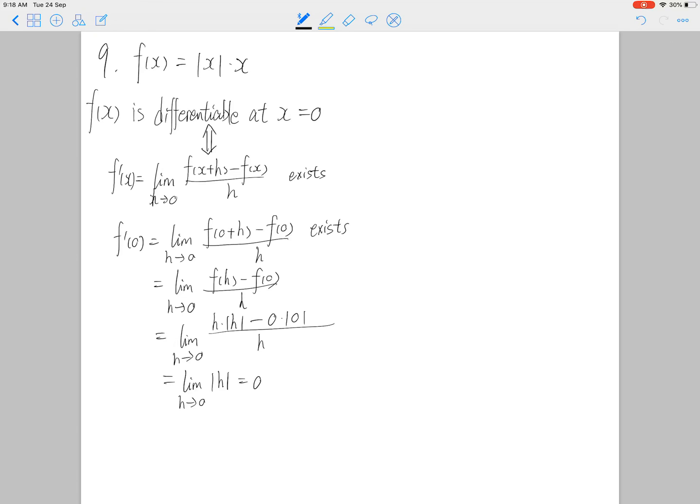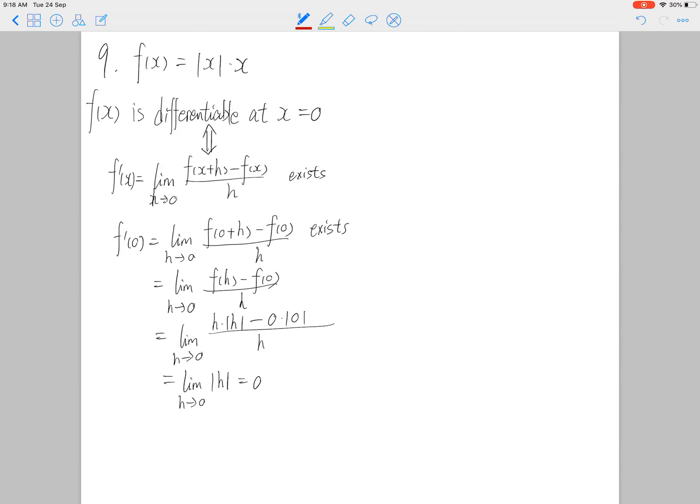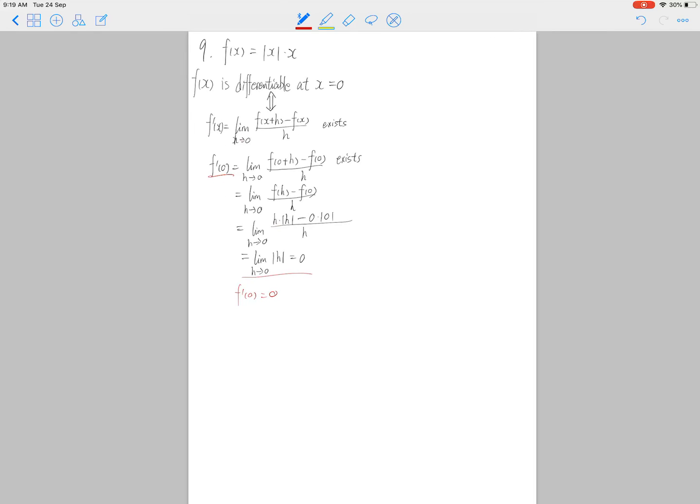So by definition, this limit exists, so f prime exists, and f prime of 0 is 0.